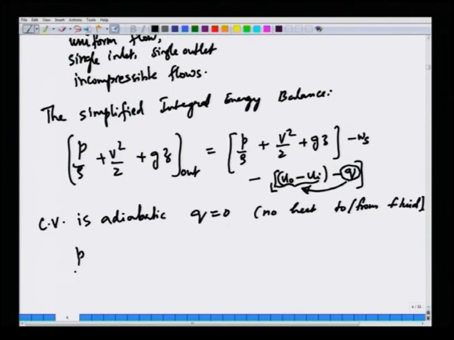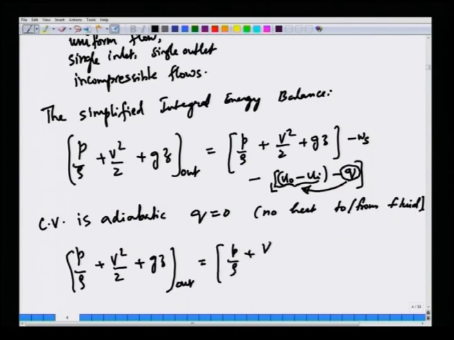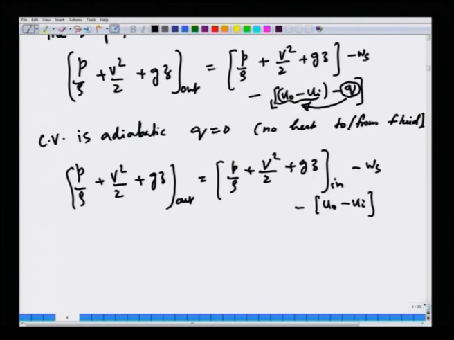So, you get P by rho plus half V squared plus G z at outlet is P by rho plus half V squared plus G z at inlet minus W s minus U out minus U in. Now, there is no heat transfer. Now, the question that we can ask is, will this term be 0 or non-zero if there is no heat transfer whenever there is a fluid flow.